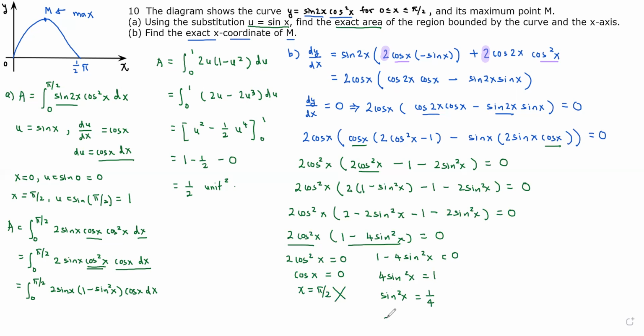Taking the square root, we have sine x equals plus or minus 1 over 2. Since the x coordinate is between 0 and pi over 2, sine x cannot be negative. Sine x must be positive 1 over 2, which is in the first quadrant. Taking inverse sine, we have x equals inverse sine of 1 over 2. That will give us pi over 6.